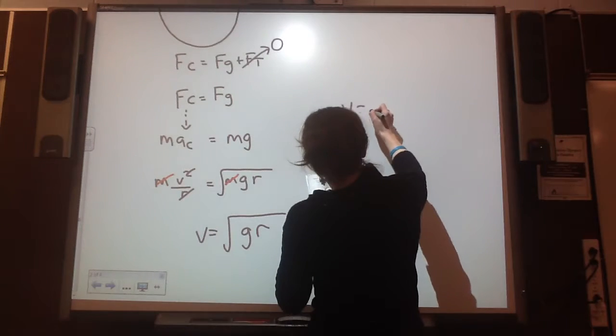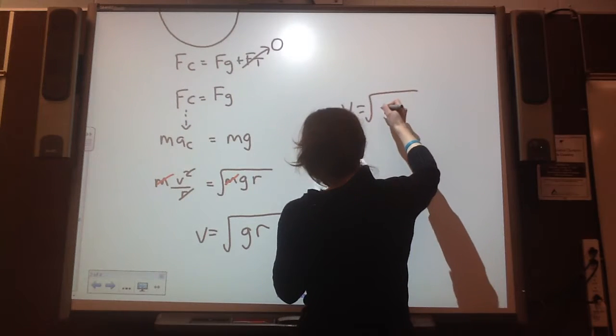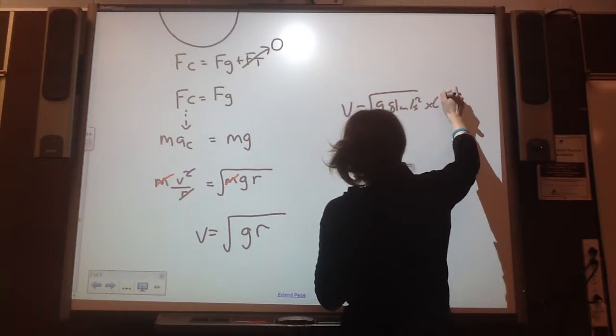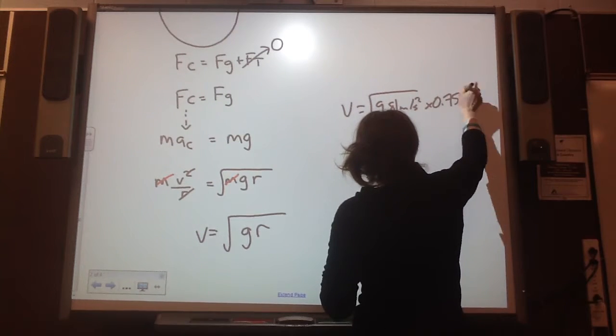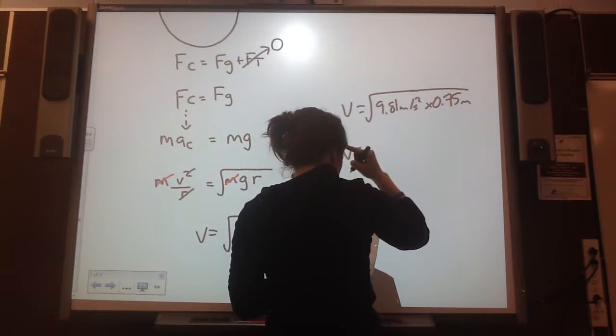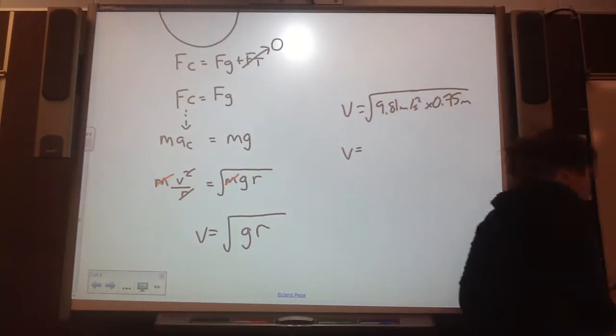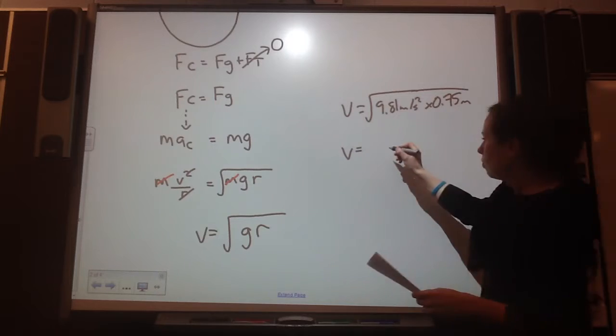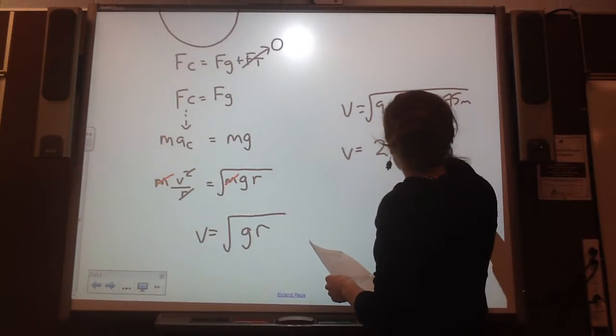So then v is equal to the square root of 9.81 meters per second squared times 0.75 meters. Okay, so v is equal to 2.7 meters per second.